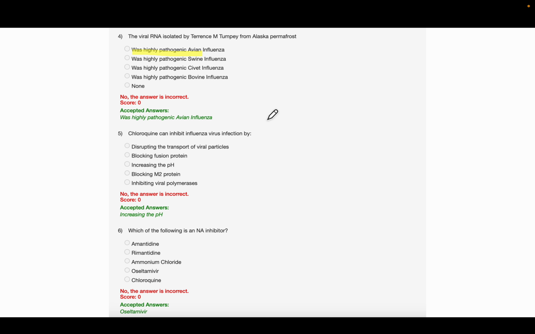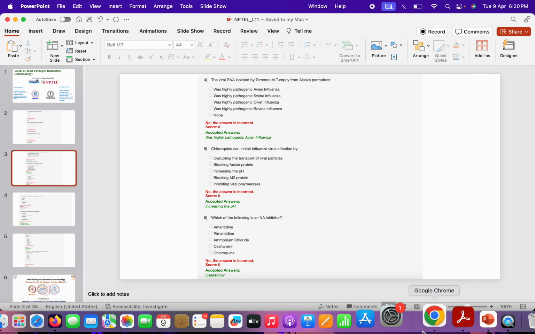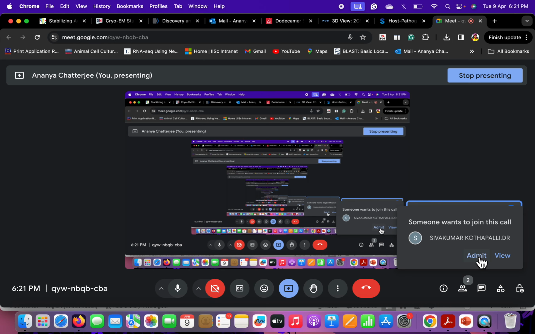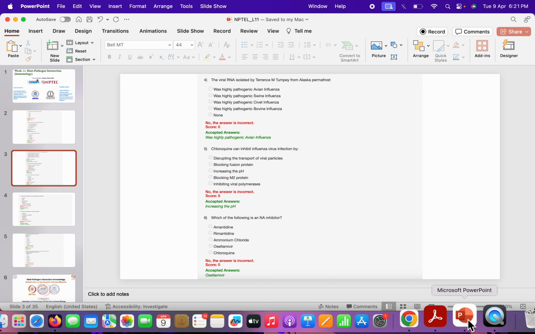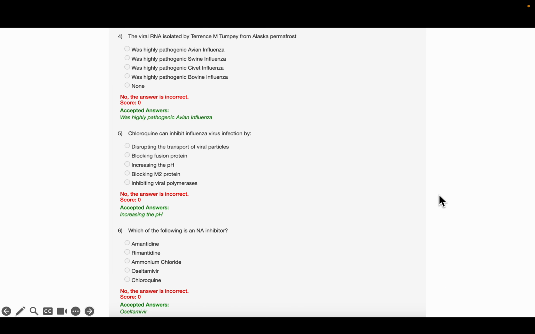Chloroquine can inhibit influenza virus infection by disrupting the transport of viral particles, blocking fusion protein, increasing the pH, blocking M2 protein, and inhibiting viral polymerases.